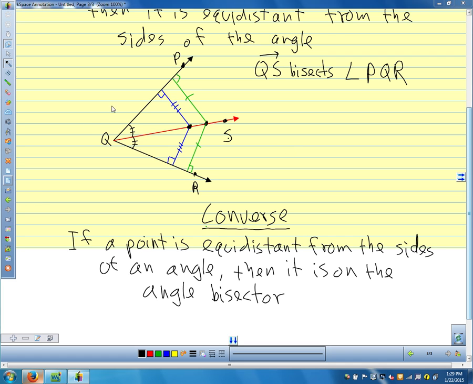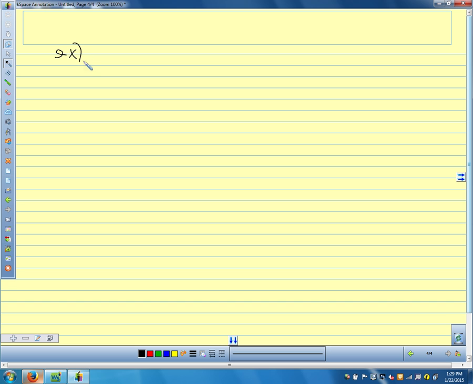Okay, let's look at an example. Our picture is going to look just like the one we just drew, basically. So here's my angle.